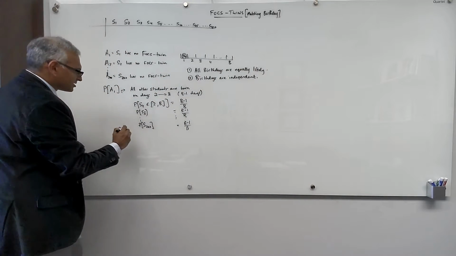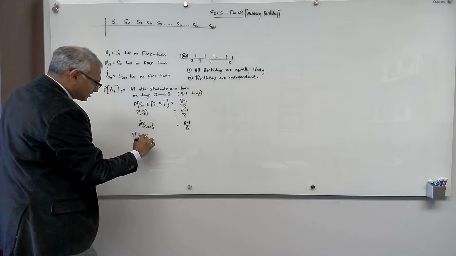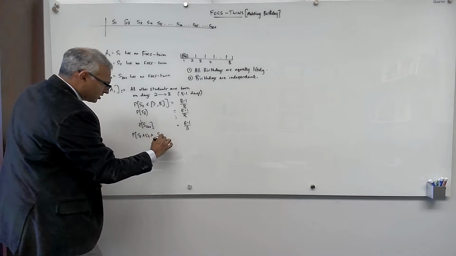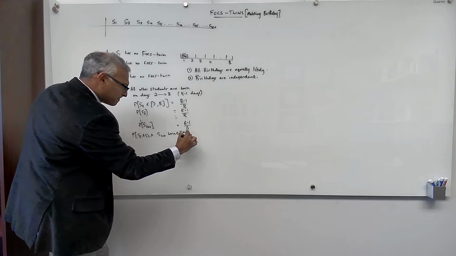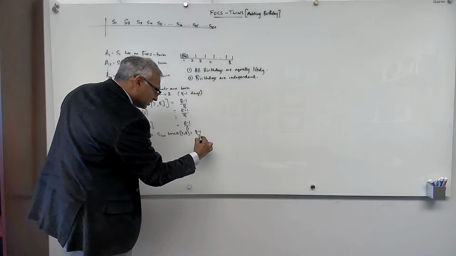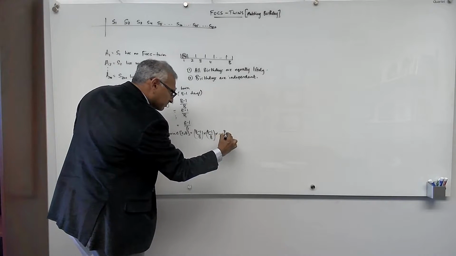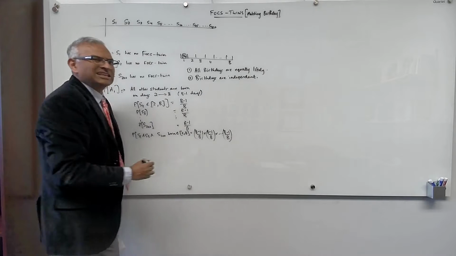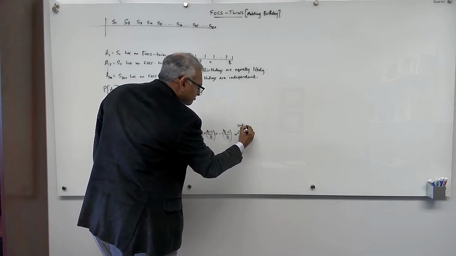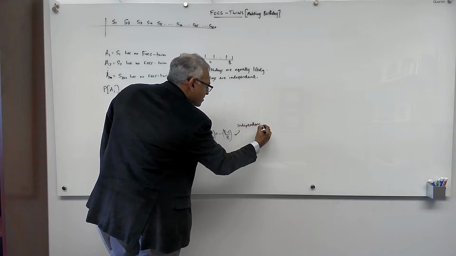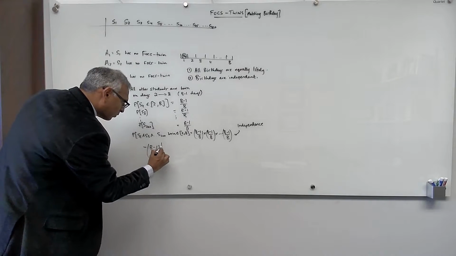By independence, the probability that S2 and S3 and all the way to S200 are born in 2 to B is equal to B minus 1 over B times B minus 1 over B times B minus 1 over B, and that's by independence, because these birthdays are independent. But this is just B minus 1 over B raised to the power 199.